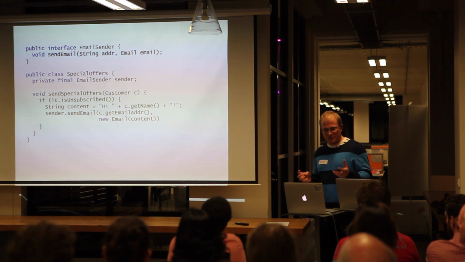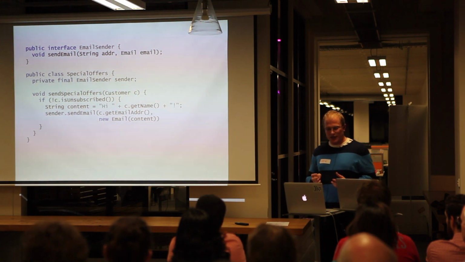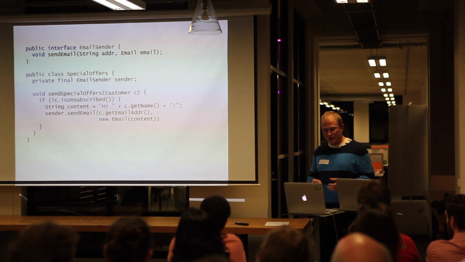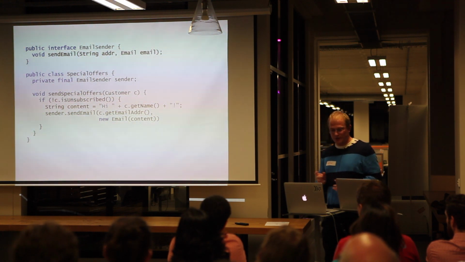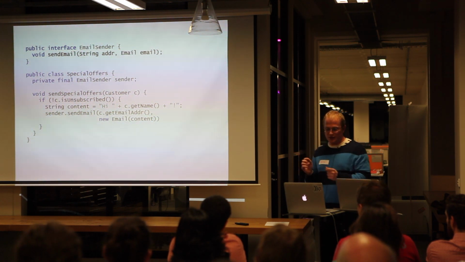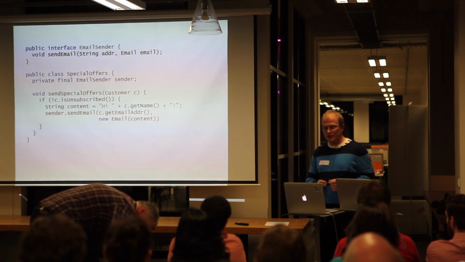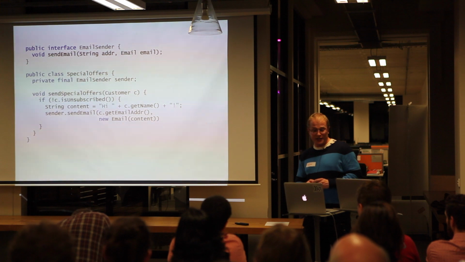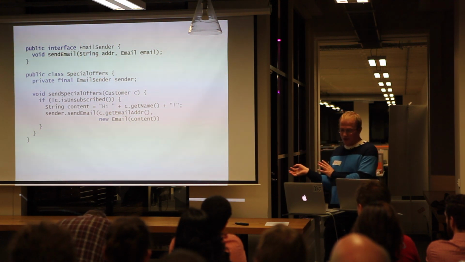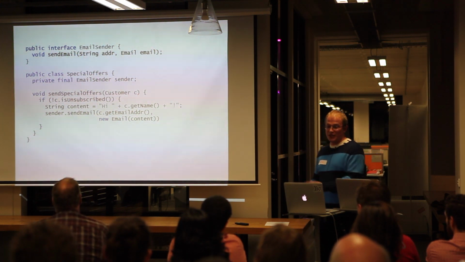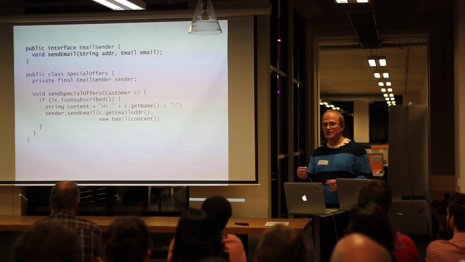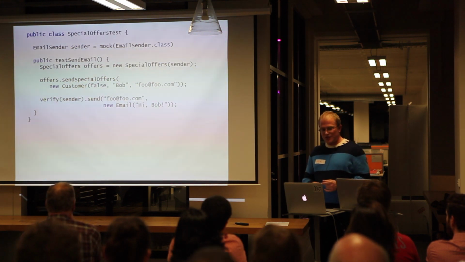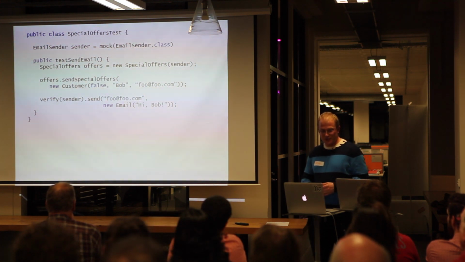And we've got a special offers thing that, given an email sender, and given a customer, if the customer's not unsubscribed, it'll compose an email and then call the sender and send that email. So we want to test that special offers functionality. We've got some pure logic here. We're checking the unsubscribed and we're composing an email, but then we're performing that effect that we need to perform and sending an email.